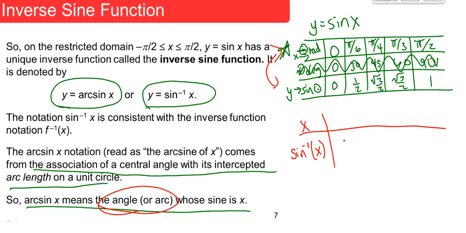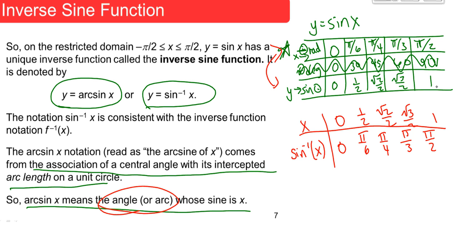So the arc sines are 0, pi over 6, pi over 4, pi over 3, and pi over 2. And our x values are 0, 1/2, square root of 2 over 2, square root of 3 over 2, and 1. So we just interchange those two.